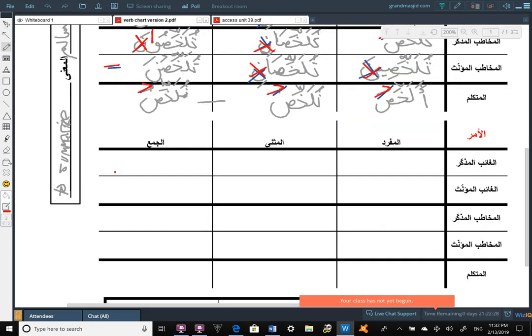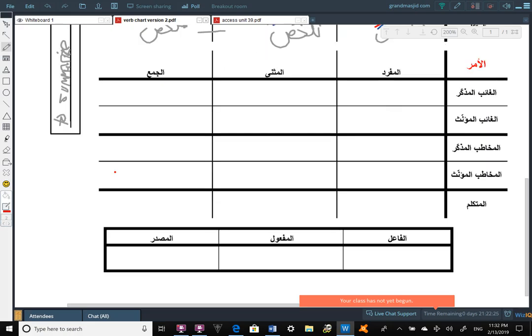Coming down here to the command verb, fi'l amr. We don't have any of third person nor first person, so we're only dealing with second person. We had here tulakhisu. What do we do here? We're going to make our end sound a sukoon. We're going to drop our ta. Since our lam has a fatha, we don't need an alif. It's just going to be lakhis.